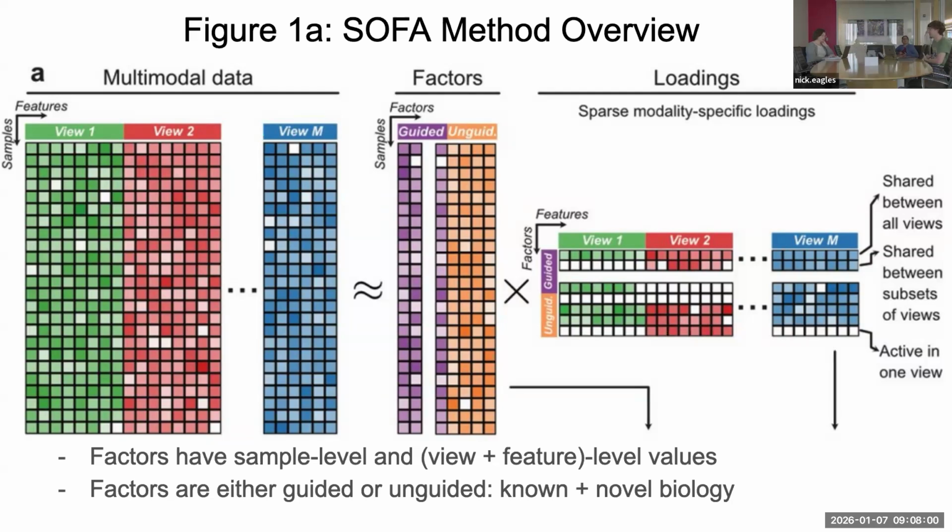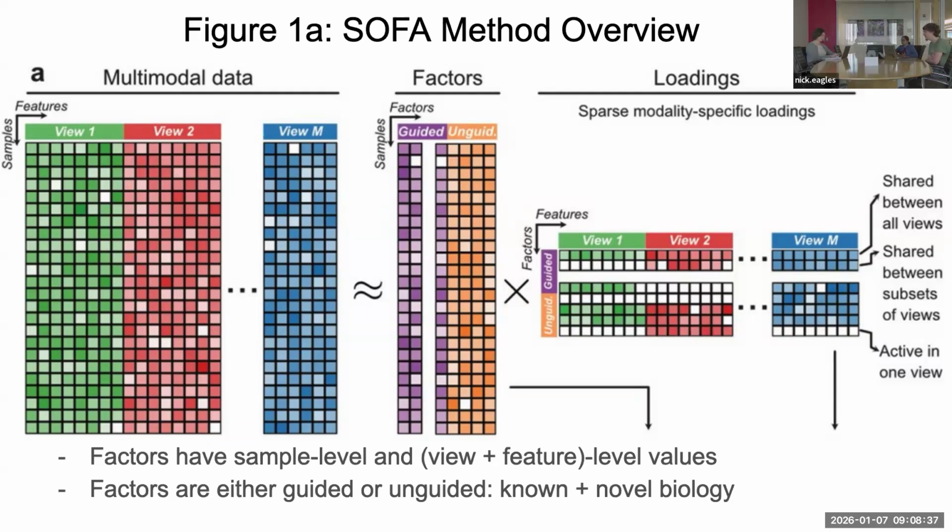With MOFA, not SOFA, previously we've done views like spatial domains. The features can be shared across the views, but they don't necessarily have to be. You could have one view that is transcriptomics and the next proteomics, so they don't share features whatsoever. Then you have your different samples as the rows. You can supply as many views as you want, as much data as you have about your samples.